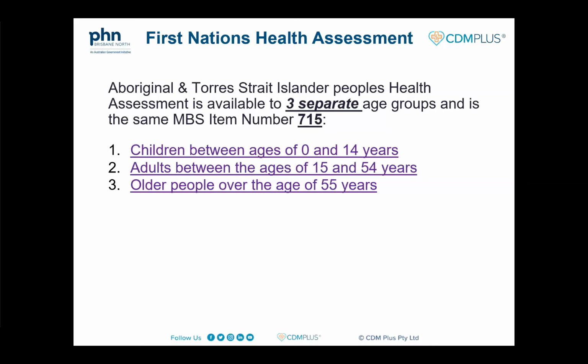So the child health assessment is 0 to 14. In a lot of the clinics and the Aboriginal health services that I've worked in, we would do these a couple of different ways. Because we can do them from birth, we would try and align the 6-week immunisations with that first health check, which seemed to go really well.